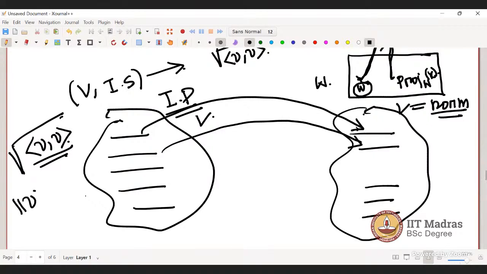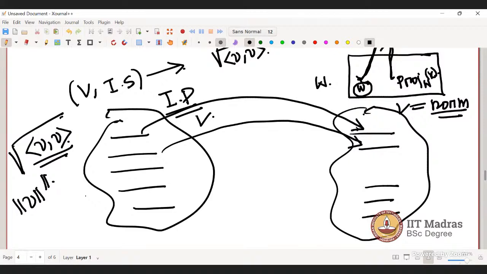Sir, I have a question regarding this too. I was trying to prove whether it is a norm or not. I was able to prove the positivity and the homogeneity conditions, but I couldn't prove the triangle inequality. For that you have to use the Cauchy-Schwarz inequality; without that it's difficult to do.